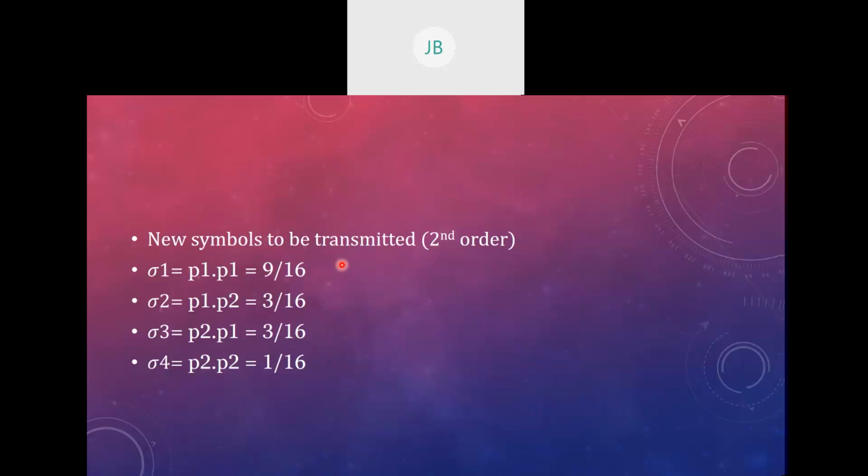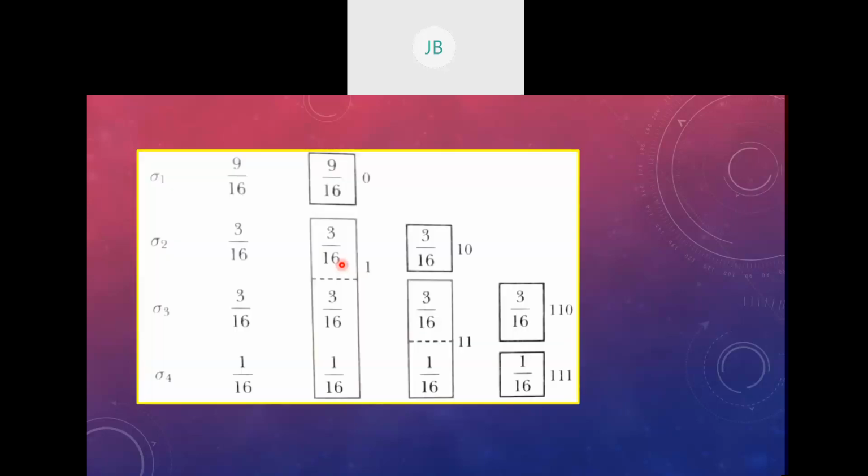Instead of sending one symbol, we'll be sending two symbols at a time. Since we have four symbols here, their probabilities are arranged in this way, this is the highest and this is the lowest. It's a decreasing order or non-increasing order.